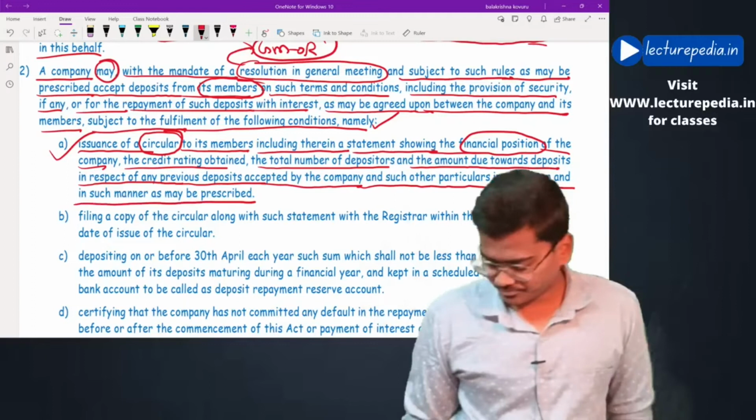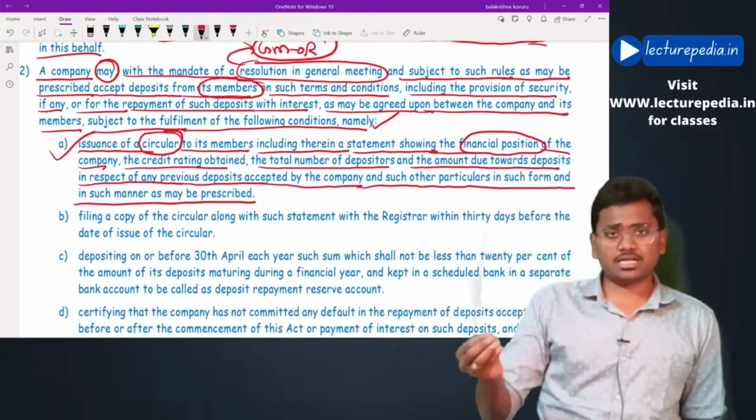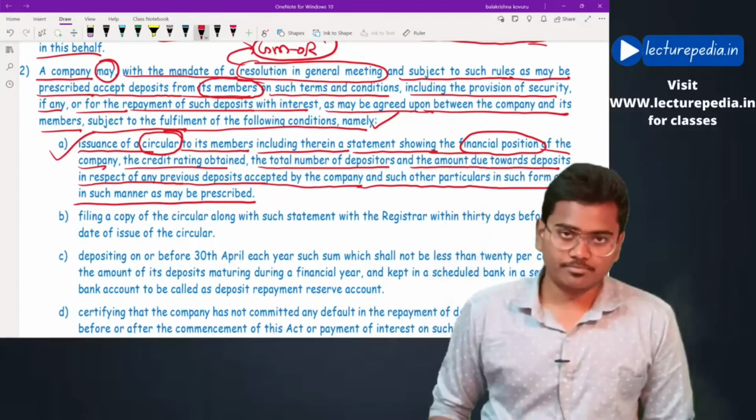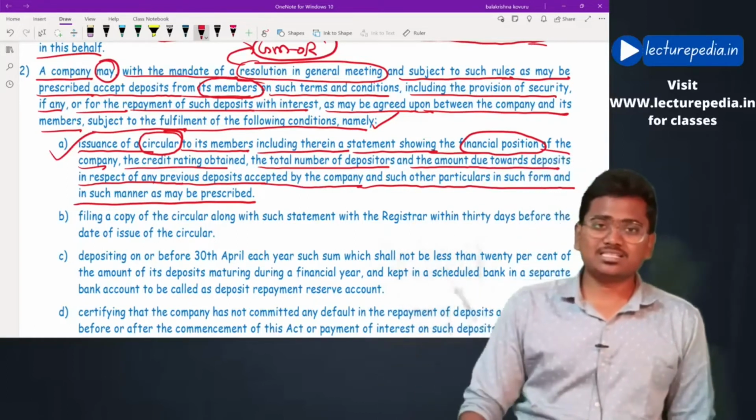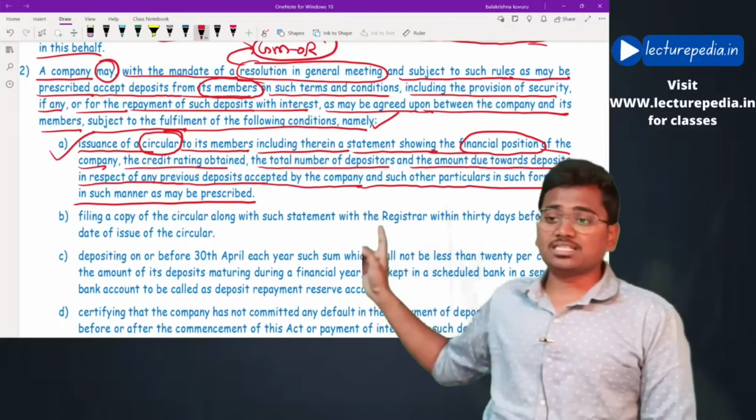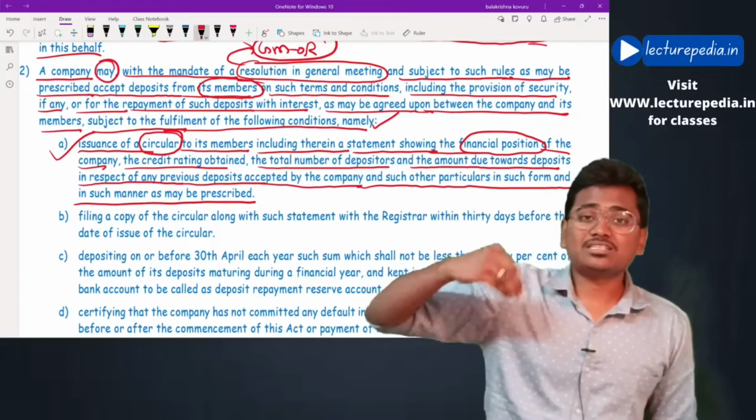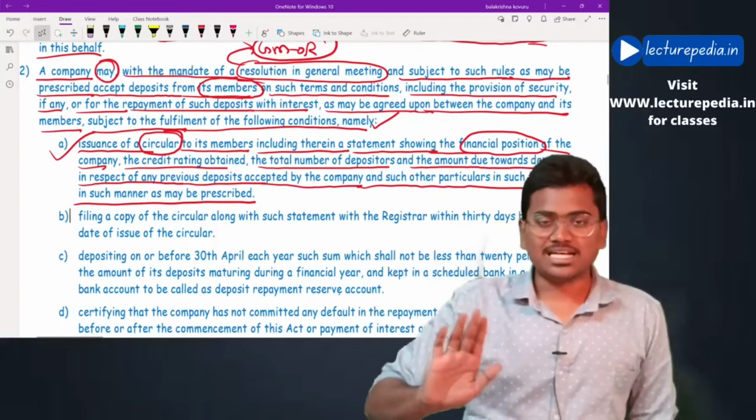First of all, it must give a circular or advertisement, you can say. Now, what has to be included in this advertisement? See what he says, financial position. What is the financial position of the company? That has to be written.